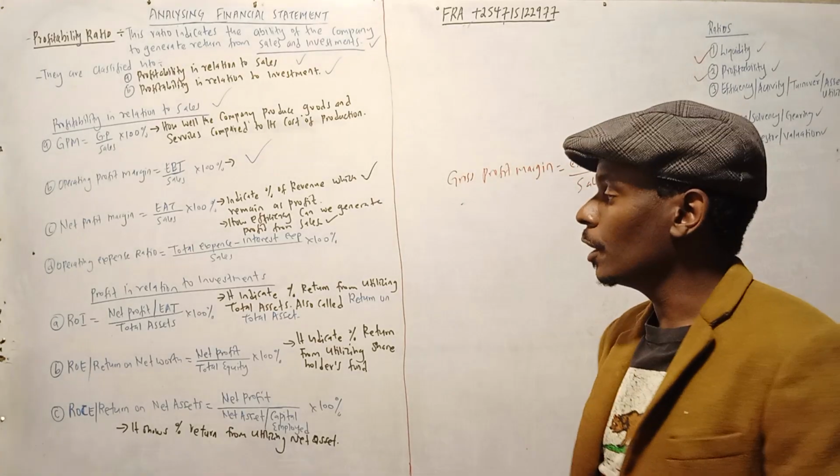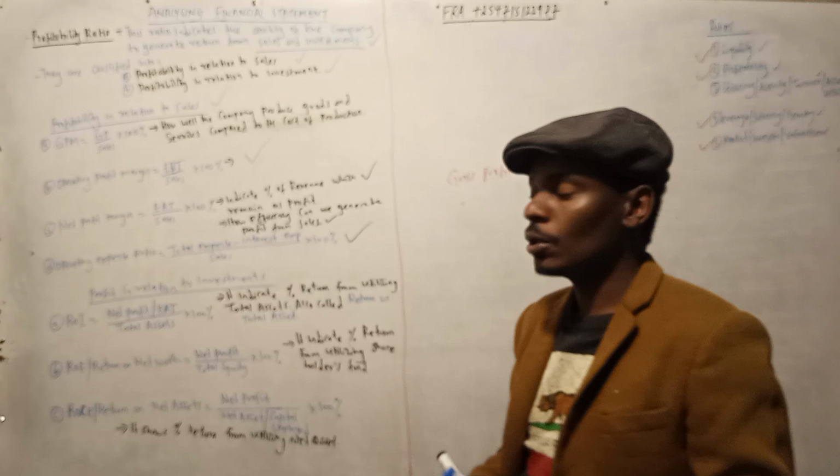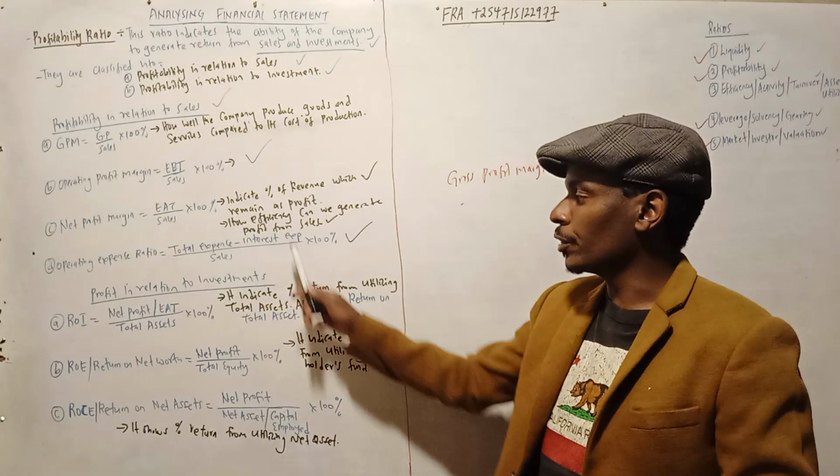So how much can we retain as profits? Then you have the operating expense ratio. It shows the total expenses relating to sales, excluding the interest expense.